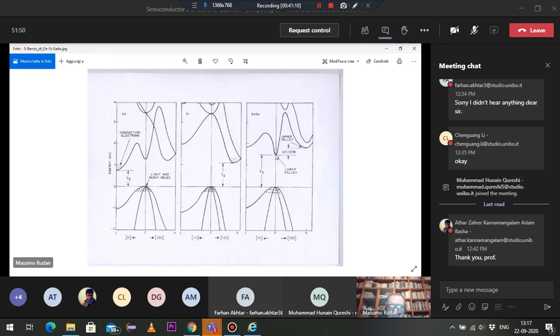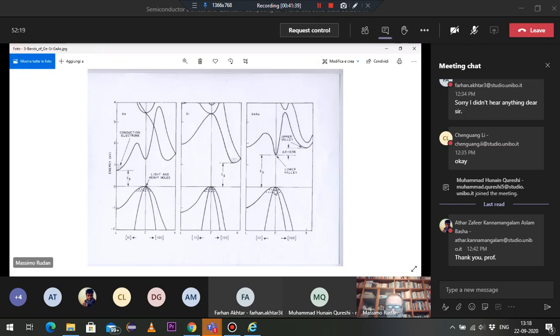direct semiconductors like gallium arsenide have a much larger probability that the interaction of the semiconductor with the electromagnetic radiation is able to induce a transition of an electron from the conduction band to the valence band or vice versa.